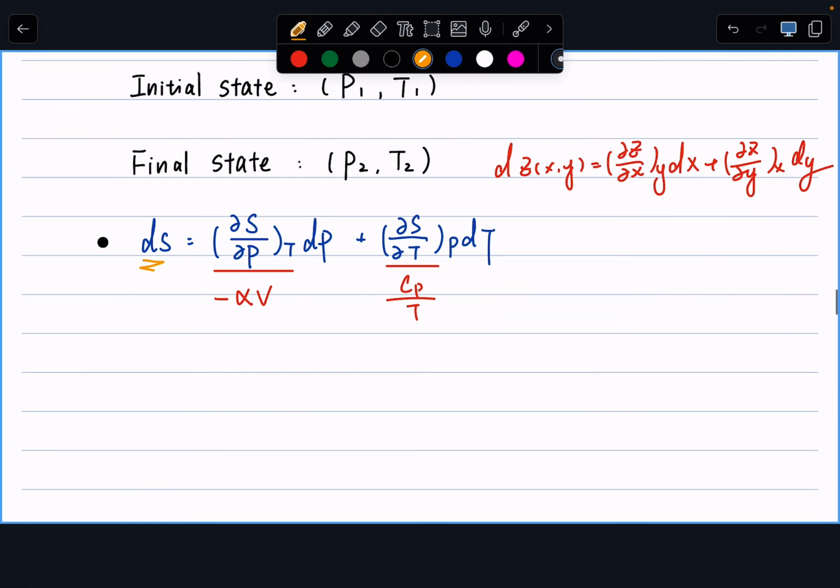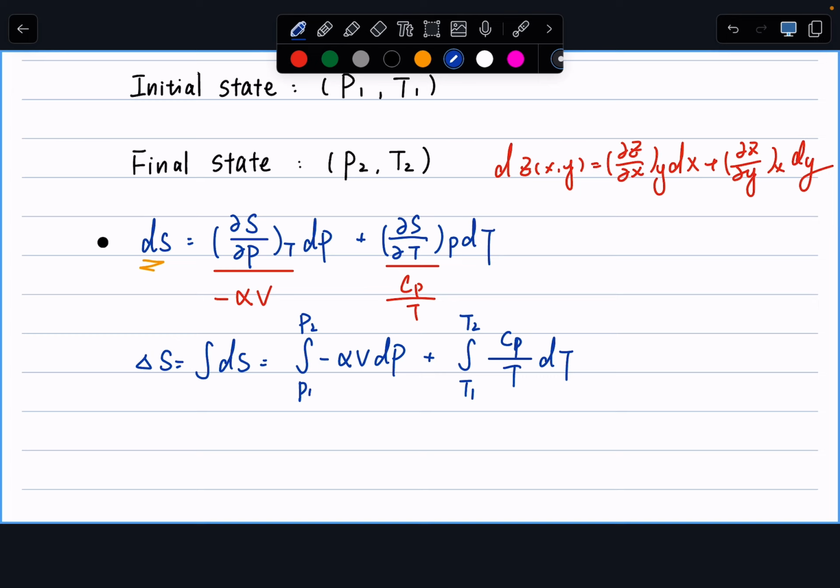We're taking the integration on both sides. So we end up with delta S equals the integral of dS, which is the integral from P1 to P2 of negative alpha V dP, plus the integral from T1 to T2 of Cp over T dT.